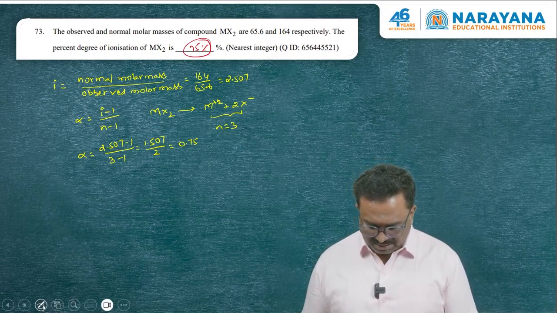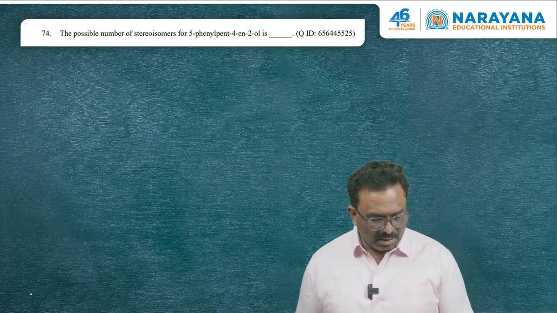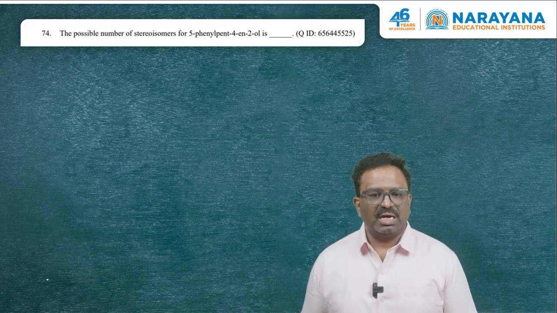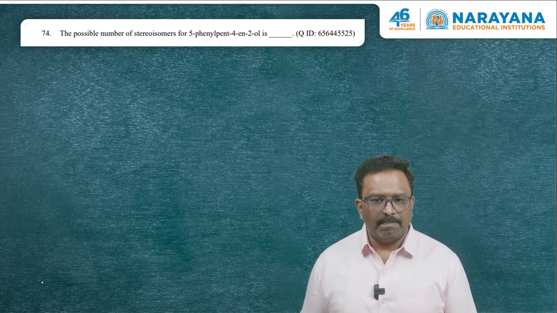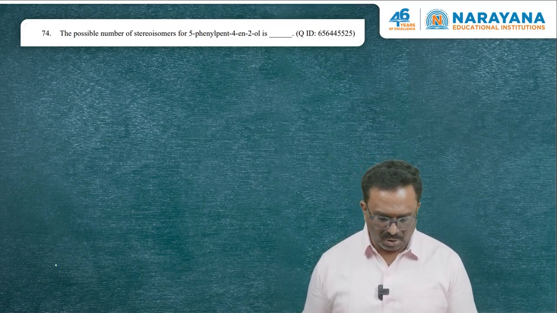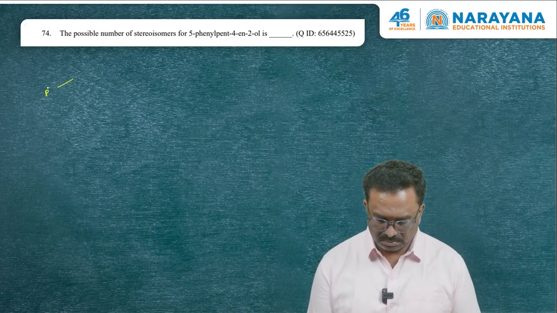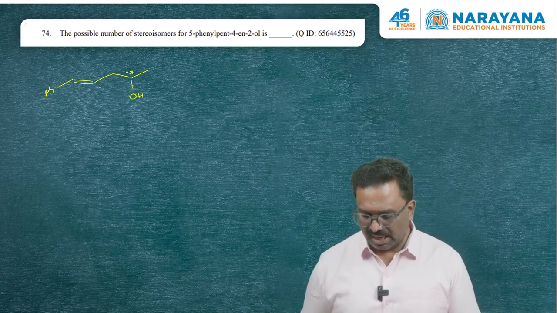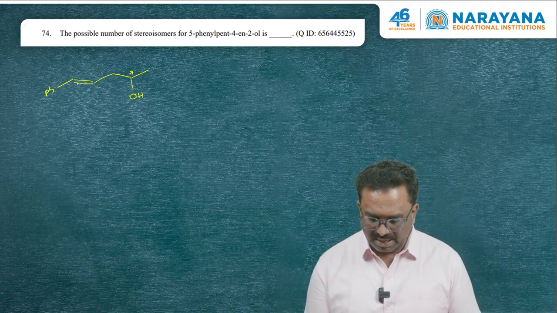Let me see this next one. The possible number of stereoisomers of 5-phenylpent-4-en-2-ol. Here this is a chiral carbon, and here we have a stereogenic center also.